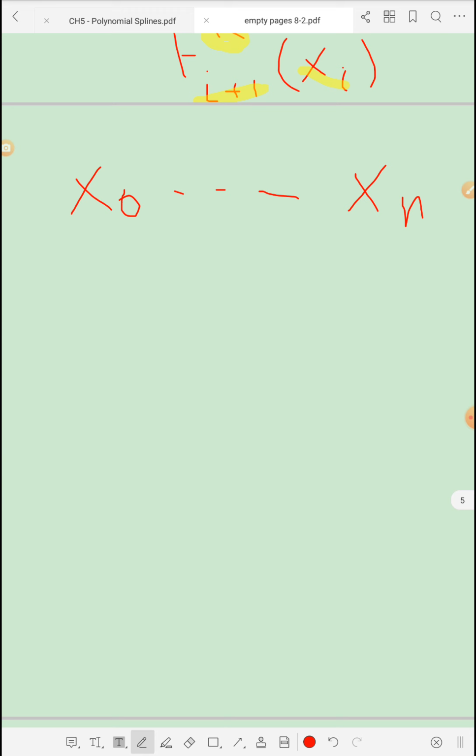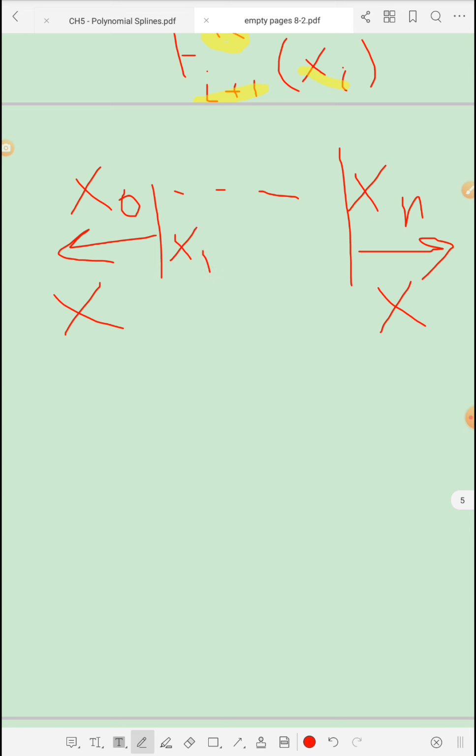So x0 does not have any polynomial to its left, and xn does not have any polynomial to its right. So x naught is not an interior node and xn is not an interior node. They are edge nodes. So what are the rest of the nodes that are interior nodes? They are from x1 till xn minus 1.